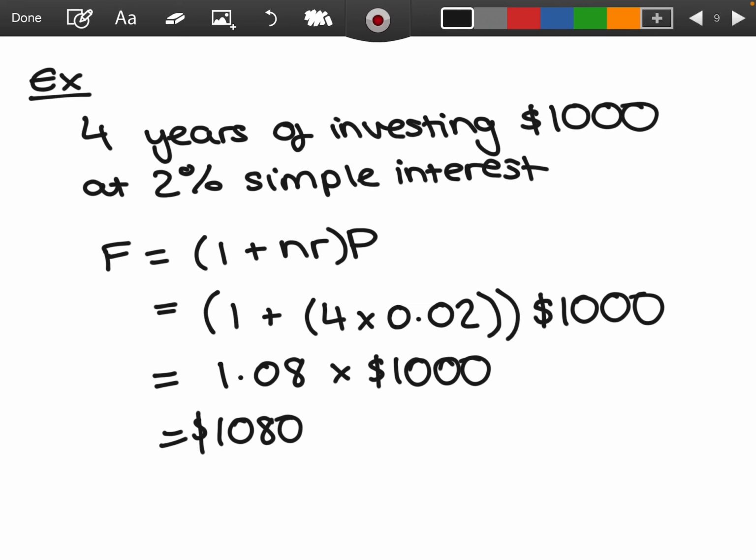So simple interest is a lot easier to kind of figure out in your head as well, to double check, because you're not accruing interest on interest. You're just getting 2% every year of that $1,000. 2% of 1,000 is $20, and I do that for 4 years, gives me 1,080. But it's always nice to have that formula, and then you can go ahead and double check if you want, either on a calculator or in your head if it's a simple calculation.